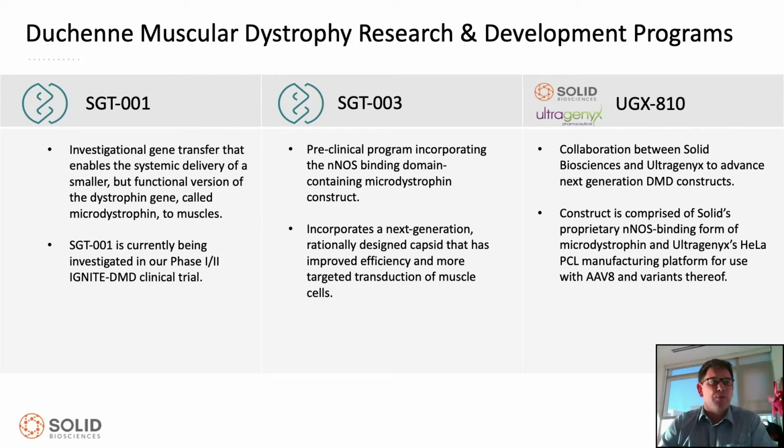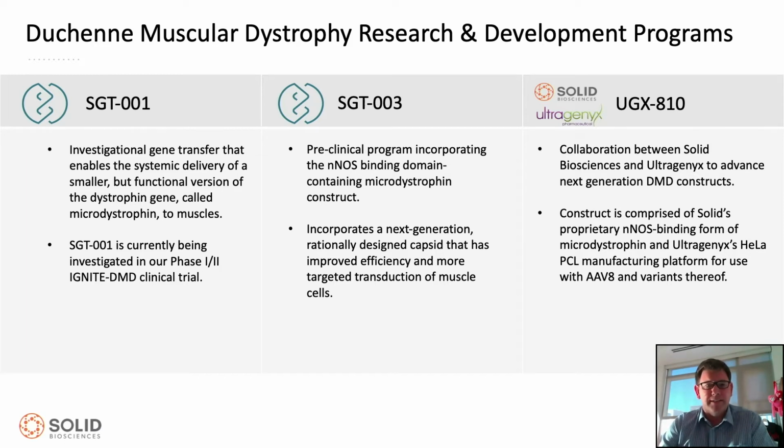SGT-001 is in our ongoing clinical trial, which I'll talk about mostly in the next couple of slides. SGT-003 uses a next-gen, rationally designed capsid that enables us to express about 3 times more microdystrophin in the muscles of MDX mice at a similar dose to that of AAV9, which is our current capsid.